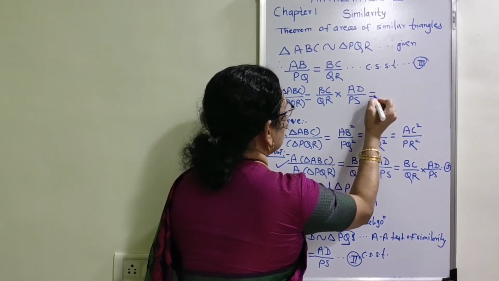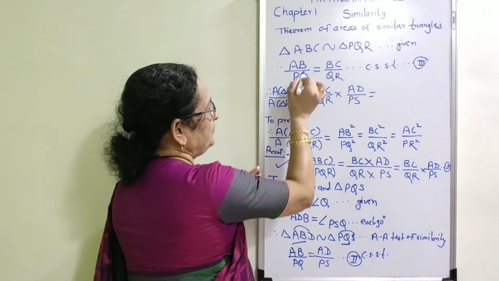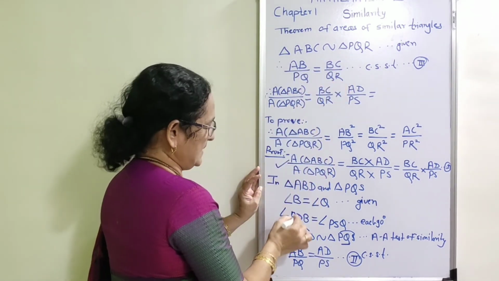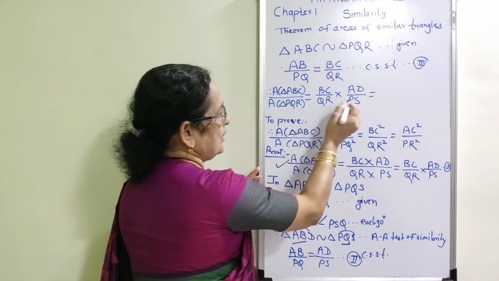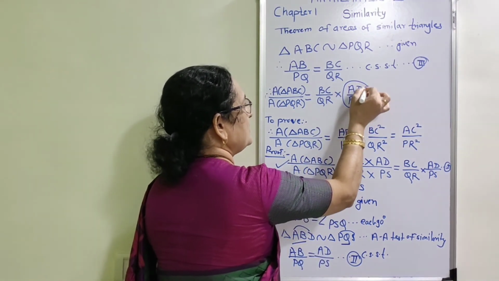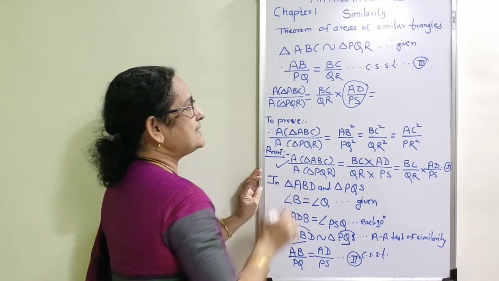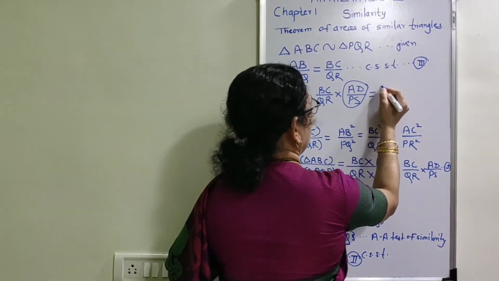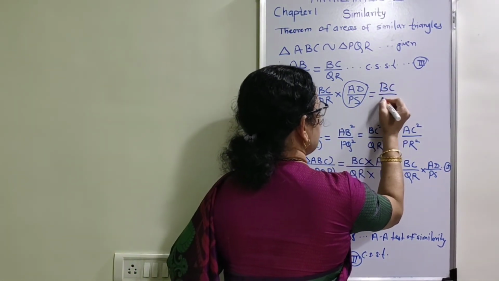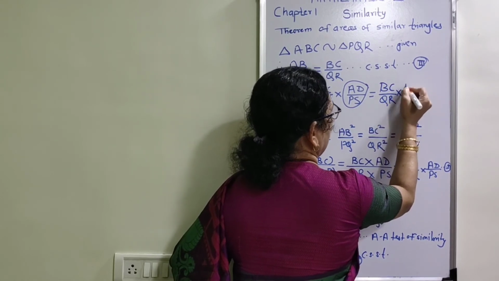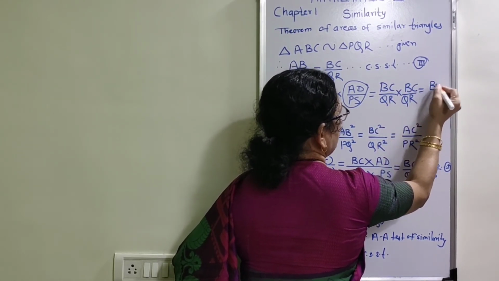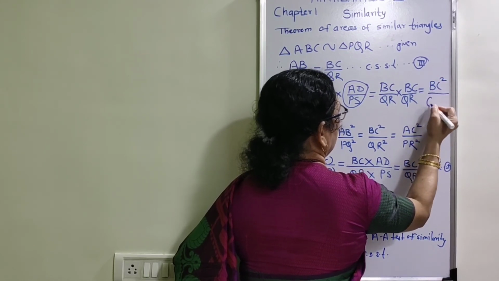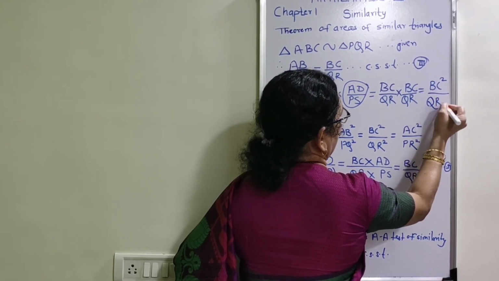But just now we have proved that AB upon PQ is equal to BC upon QR and AB upon PQ is equal to AD upon PS. Now in place of AD upon PS, I am going to replace it with BC upon QR. So it is BC upon QR multiplied by BC upon QR, that is equal to BC square upon QR square.